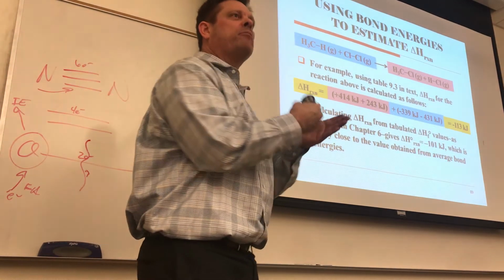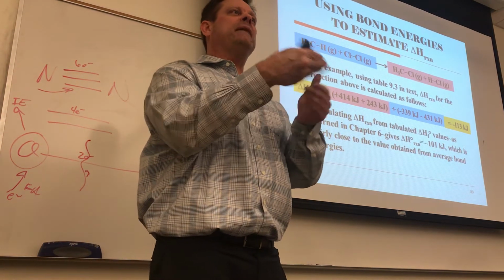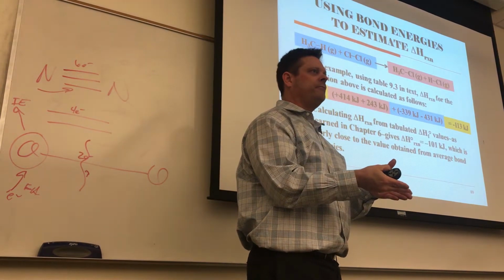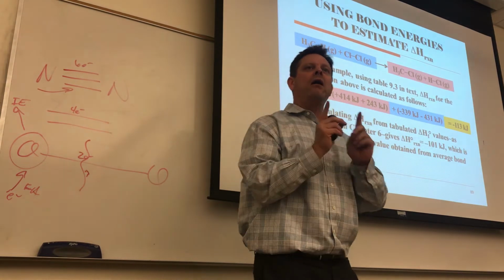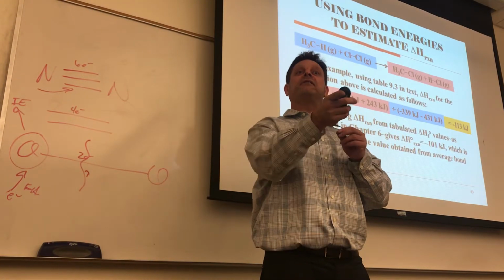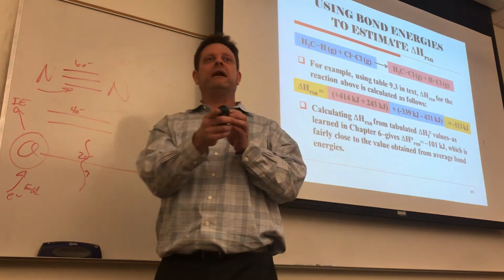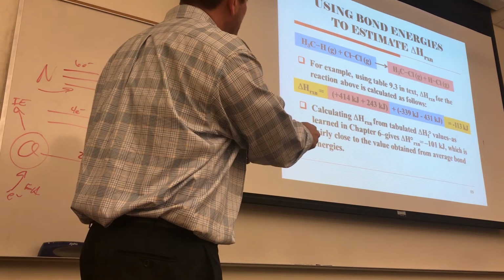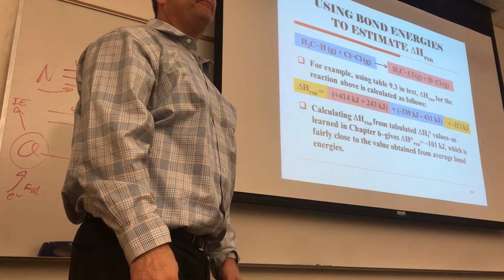You have to multiply the number of bonds being broken by that number, and the bonds being formed also have to be multiplied by their number. Yes, similar to the heat of formation from the other chapter, that's how you do delta H's.